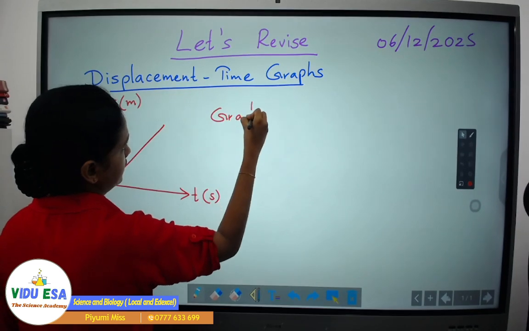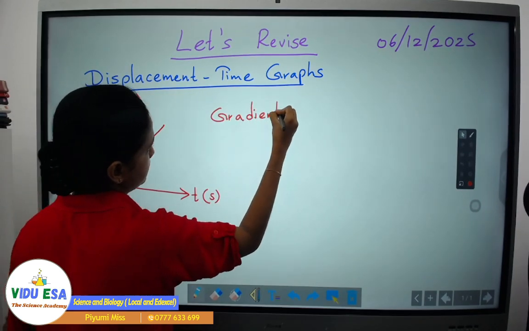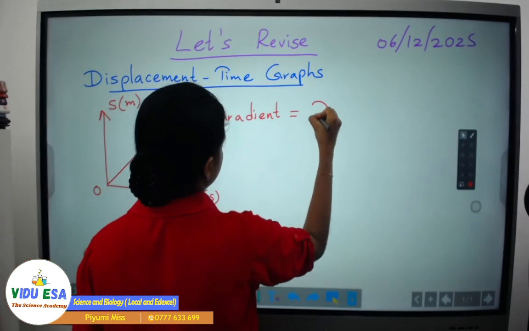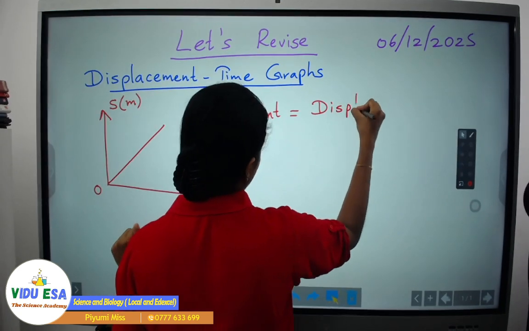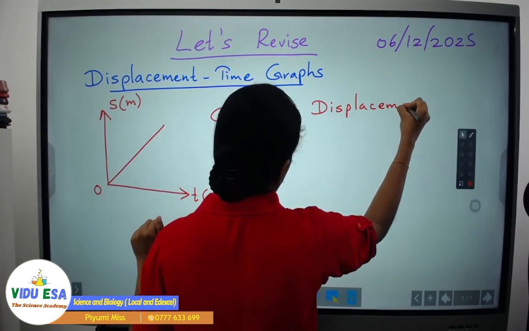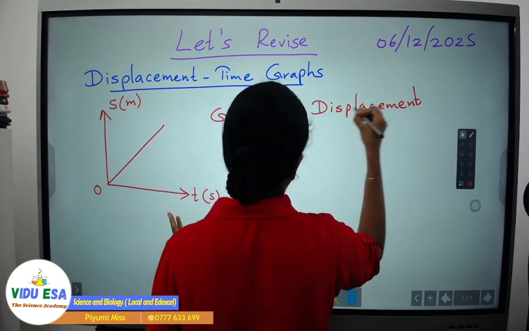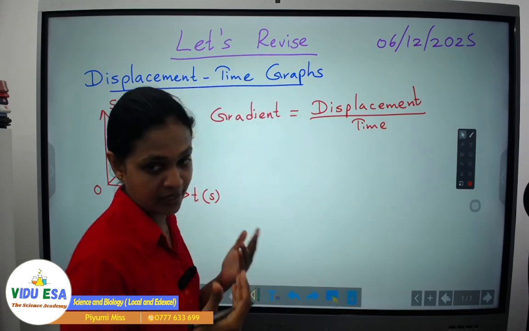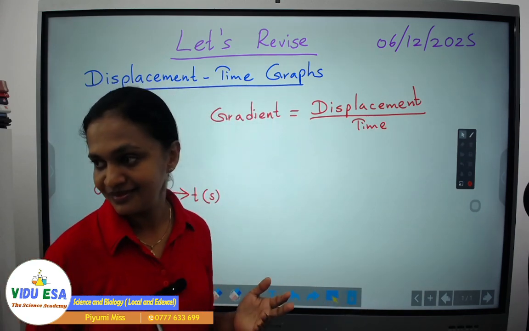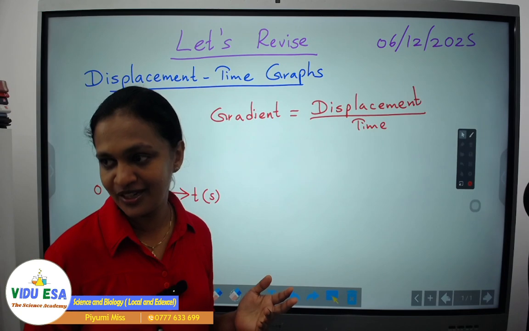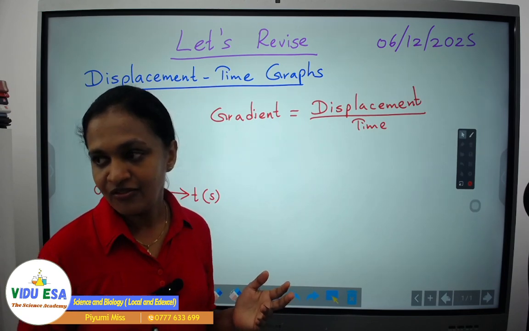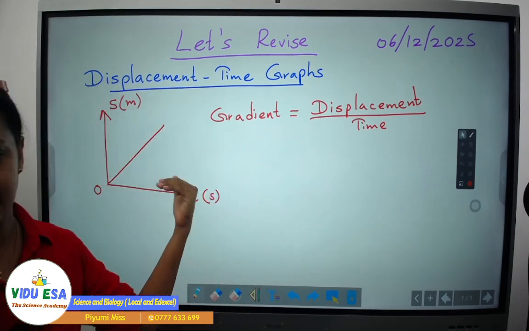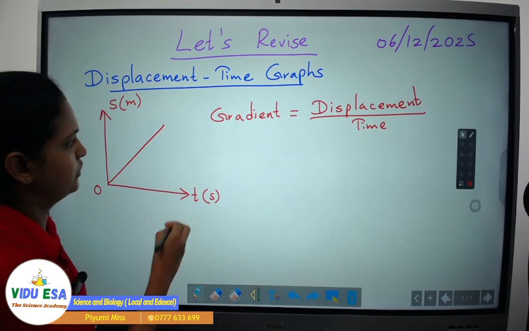Here the gradient of a displacement time graph means the difference in y coordinates, that is displacement, and the difference in x coordinates, that is time. Displacement divided by time means, yes, what is displacement divided by time? That is the velocity. The gradient of a displacement time graph gives velocity.